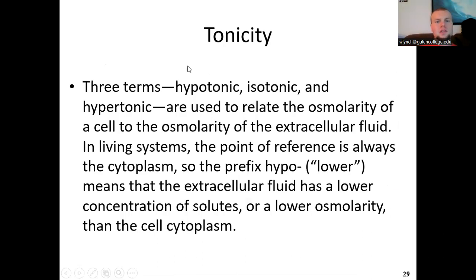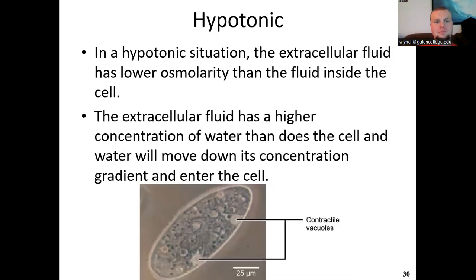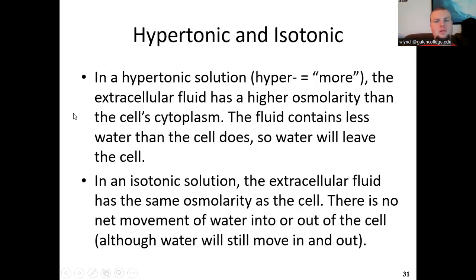So remember our tonicity model. We have three terms here. We have hypo meaning lower, iso meaning the same, and hyper meaning above. In a hypotonic situation, we have the extracellular fluid that has a high concentration of water. In a hypertonic solution, we have an extracellular environment that has a high osmolarity.